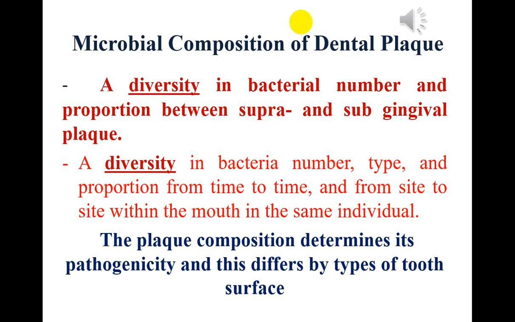There is also a diversity in the bacterial number, types, and proportion from time to time and from side to side within the mouth in the same individual. The plaque composition is very important as it is going to determine the pathogenicity of this plaque, and this pathogenicity differs according to the different types of tooth surfaces.